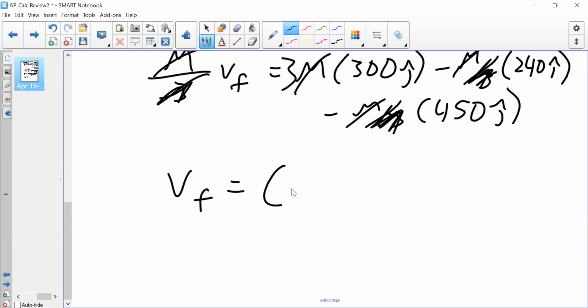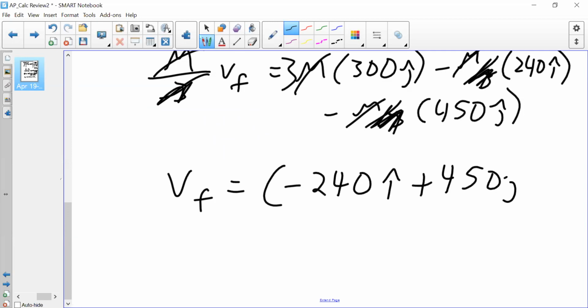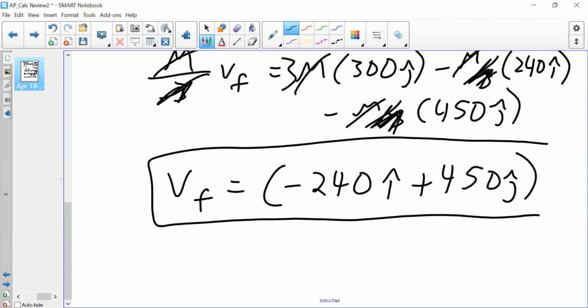So the velocity of the third fragment is going to be a linear combination of minus 240 along the x-axis plus 450 along the y-axis. So it's going to be moving at an angle, and those are the coordinates.